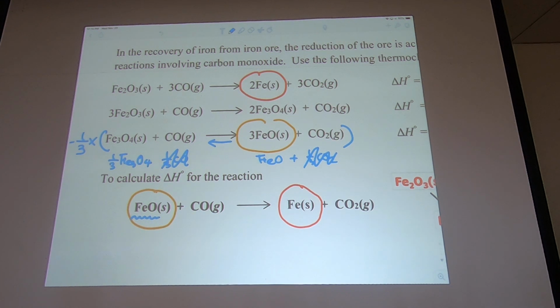So I shift my focus from here to here, which is a 1/3 Fe3O4. And where do you have Fe3O4? Here, right there. But I don't have 1/3, I have 2. So for my second stop, I need to multiply this one by 1/6, and then this is going backward, so therefore it is a negative.